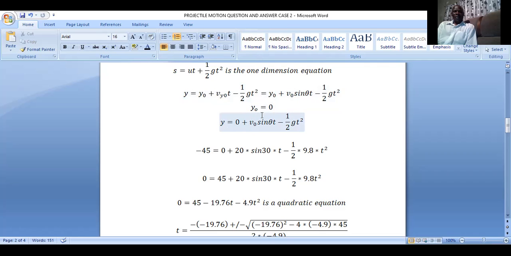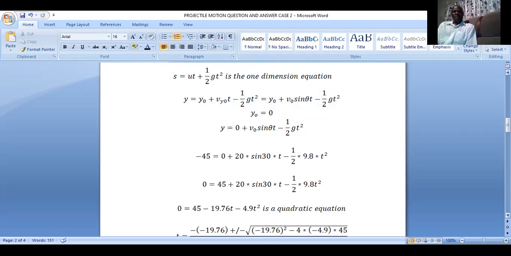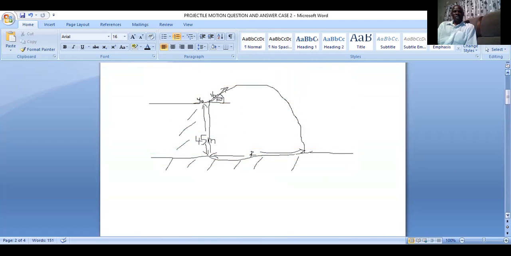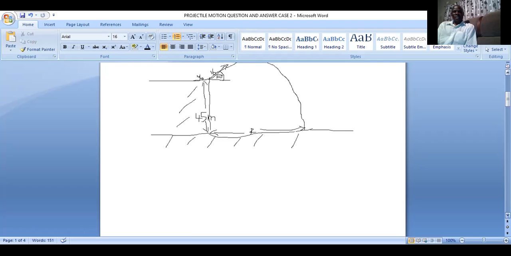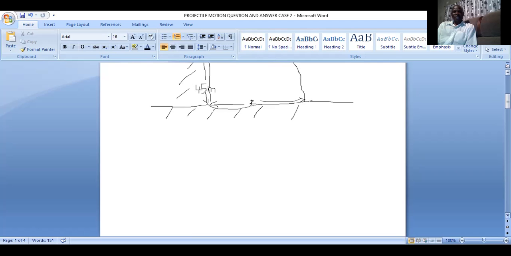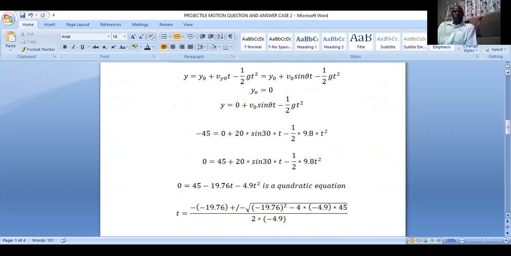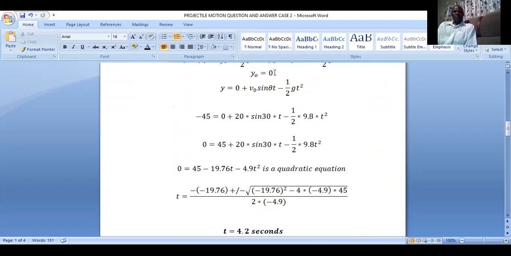As you are aware, this ball's initial position, which we have called y0, is this point here. And therefore, it is dropping down in the negative y-axis. And therefore, we say y initial is actually 0. That point where it is starting from is 0.